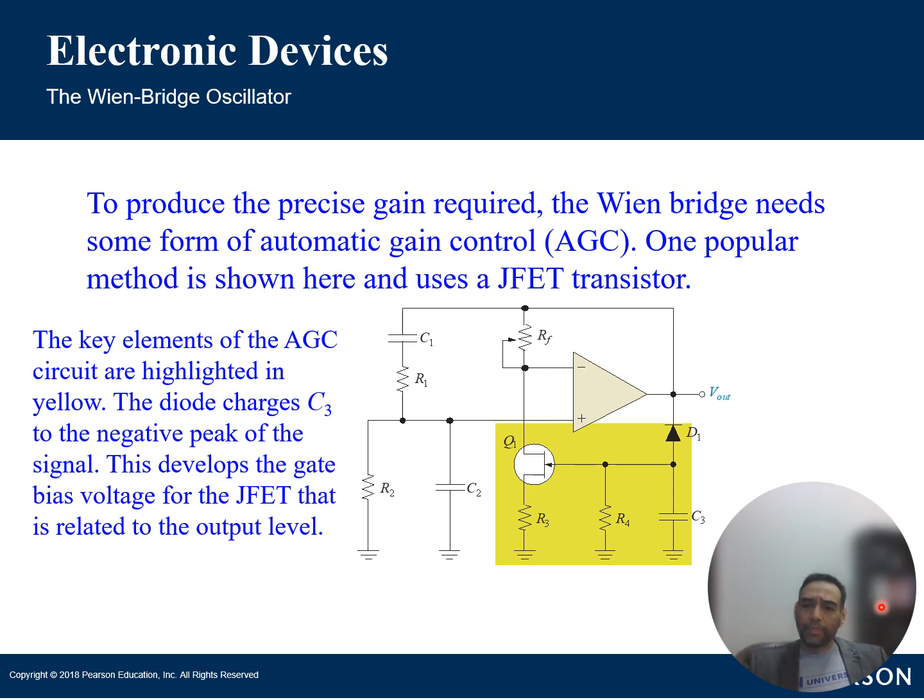In some implementations of AGC, you're going to have the circuit that also helps stabilize the amplitude of the oscillator's output signal, which takes us to the last part, which is stability and then tuning. So Wein bridge oscillators, you can make them to be very, very stable, somewhat.